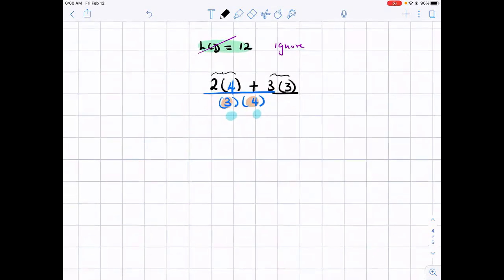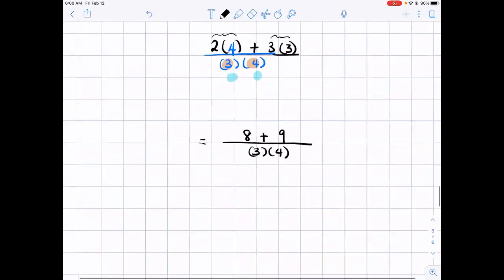So if we continue to do this, my next step, 3 times 4 stays, and in the numerator, 2 times 4 is 8, plus 3 times 3 is 9. Now since I'm only dealing with fractions, 9 and 8 is 17, and if you want to multiply the bottom out, 3 times 4 is 12.